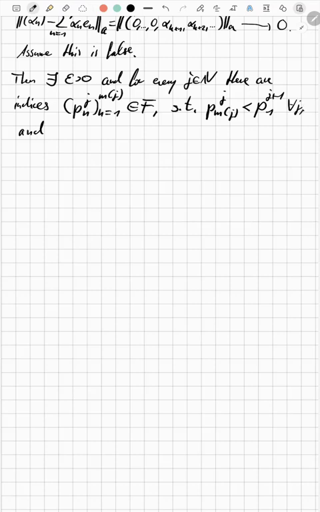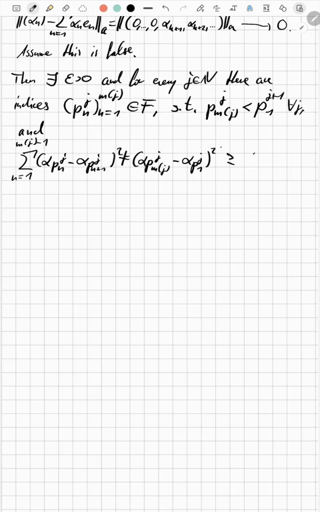And another property that they fulfill, which we just get from this observation, is that this sum right here, alpha_(p_n^j) minus alpha_(p_(n+1)^j) squared, plus alpha_(p_(m_j)^j) minus alpha_(p_1^j) squared, is bigger or equal to epsilon.